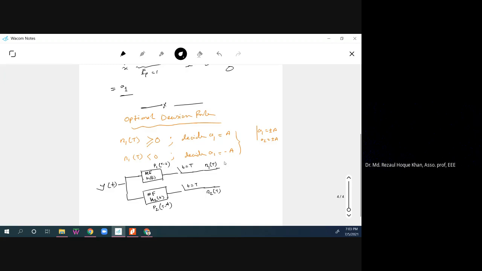There this thresholding happens. It will be plus a or minus a. So this is the threshold.